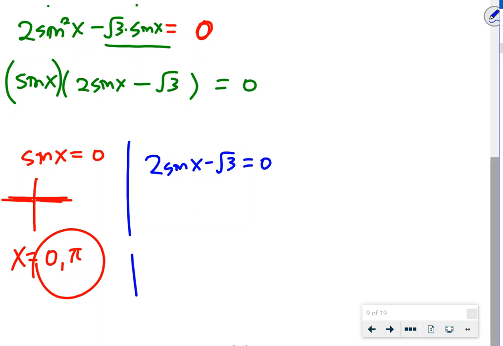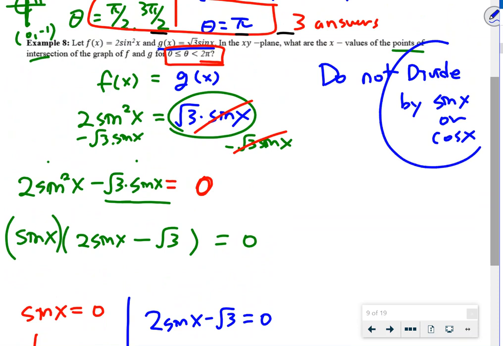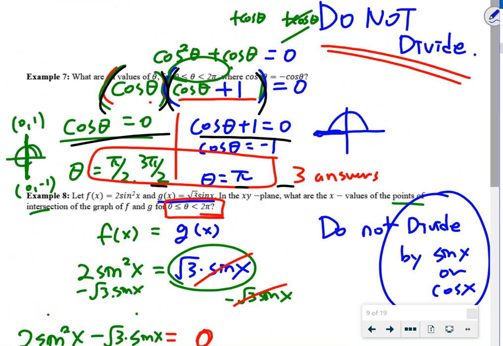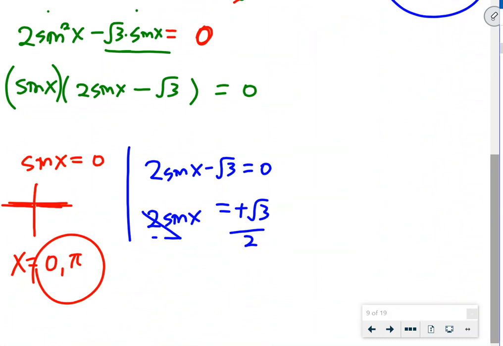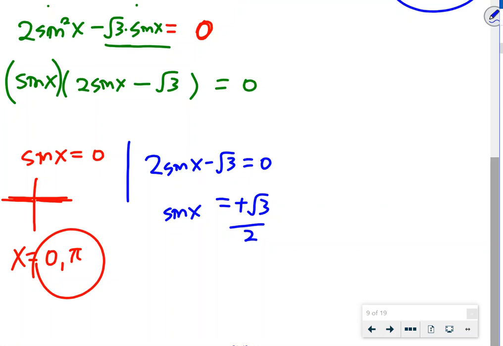When you're solving for x itself, I want to do 2 sine x is equal to positive radical 3 by adding radical 3 to both sides. This division is okay. You're dividing by a number, that's fine. I ask you not to divide by sine or cosine. That's illegal. When you divide, I'm getting sine x is equal to radical 3 over 2.